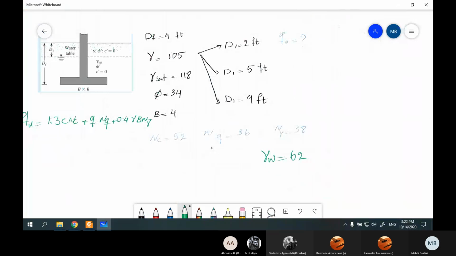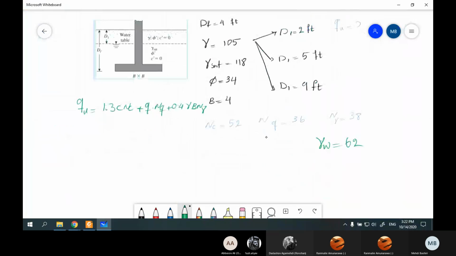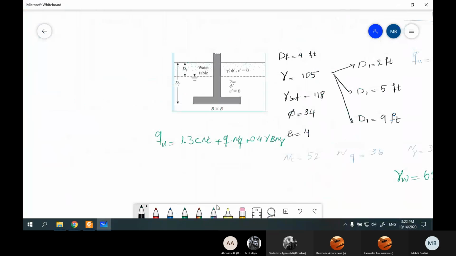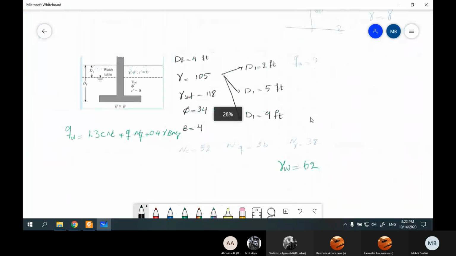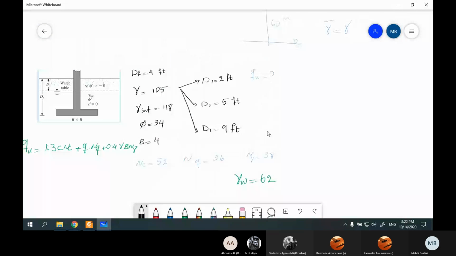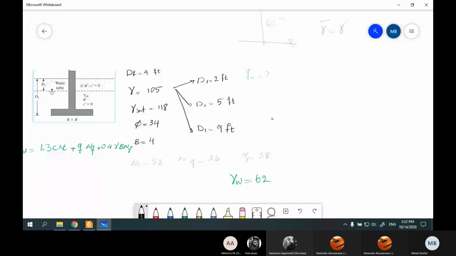Okay. Let's solve it together. For the first case, case 1, what is Q?